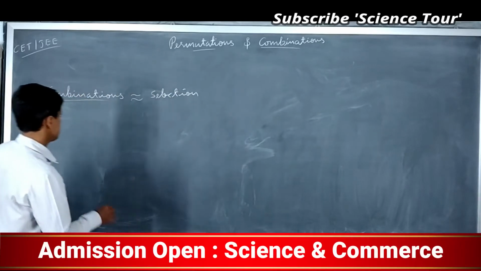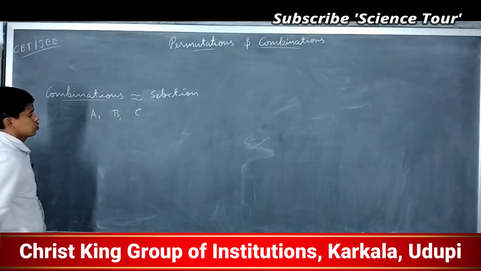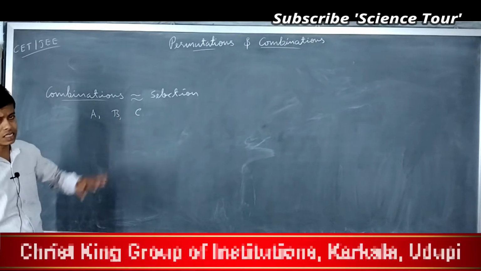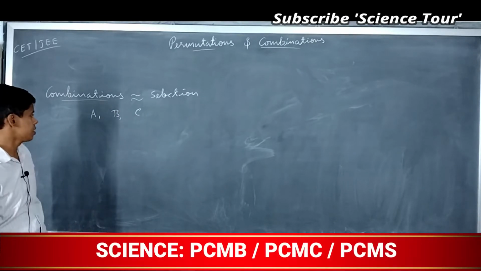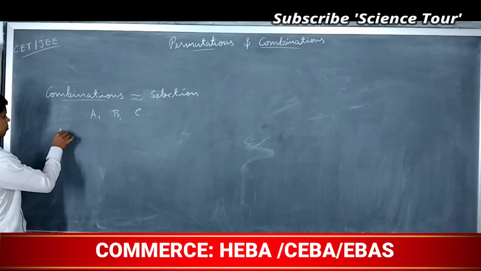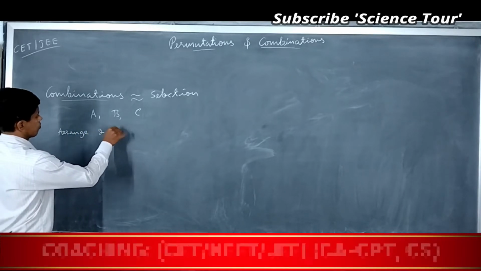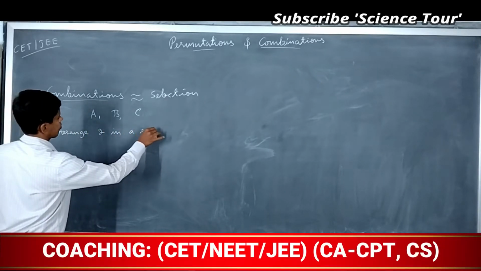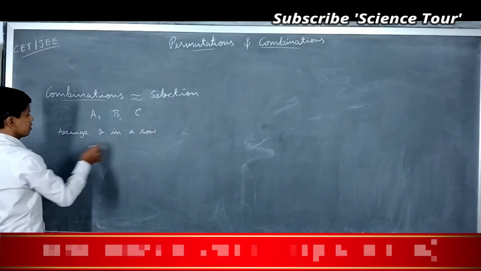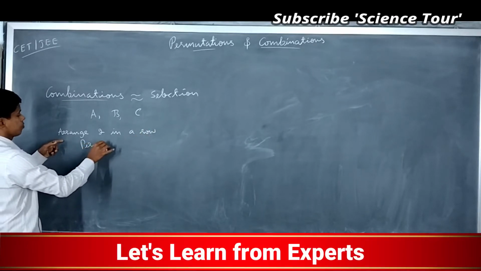Imagine there are 3 students, A, B and C. First case, I'll say arrange 2 in a row. What is this? You have to arrange. Arrangement is permutation.